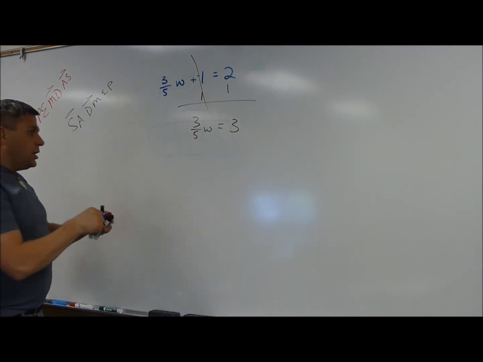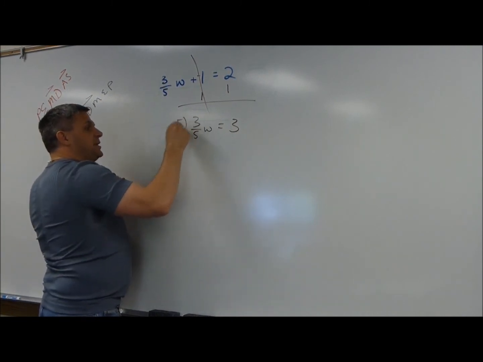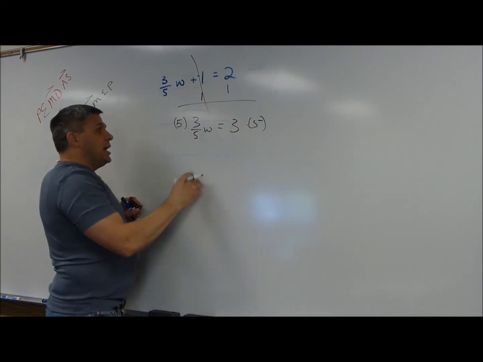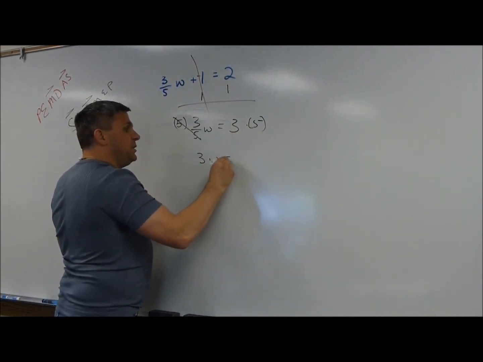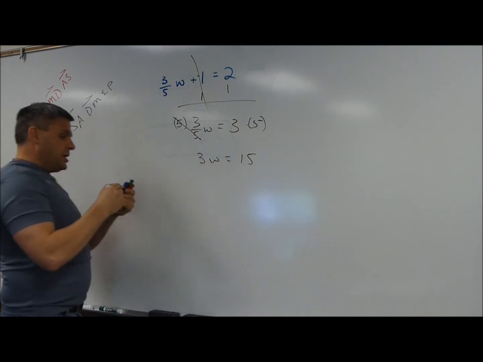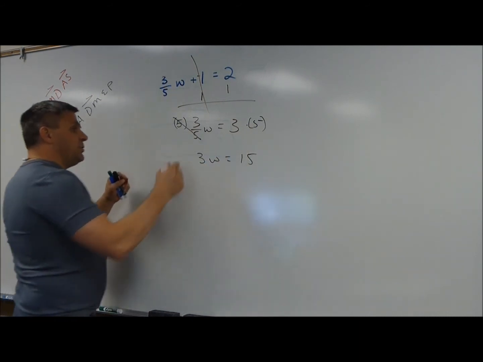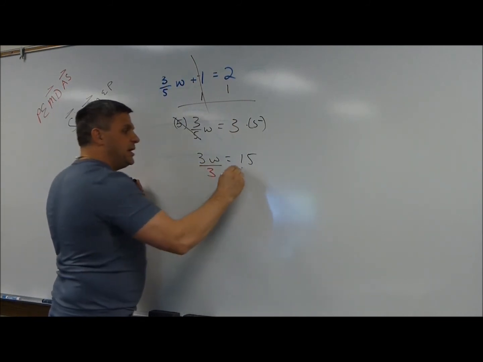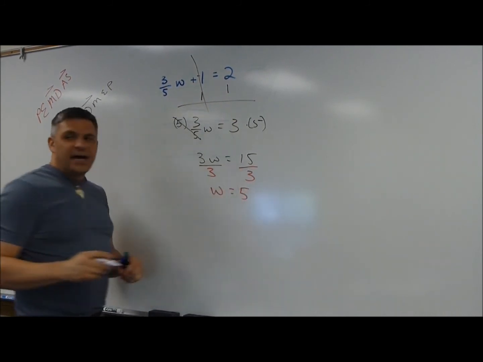So I could go 5 times this, and 5 times this, and then the 5's cancel, and I'm left with 3w equals 15. And now I do the opposite here, and I say, well, divide, because this is multiply, so I'm going to divide by 3, and I get w is equal to 5.